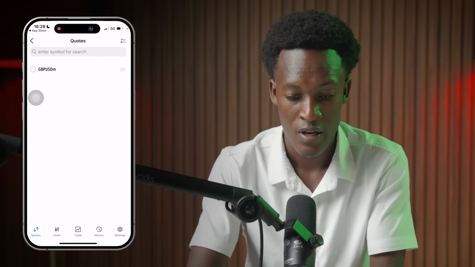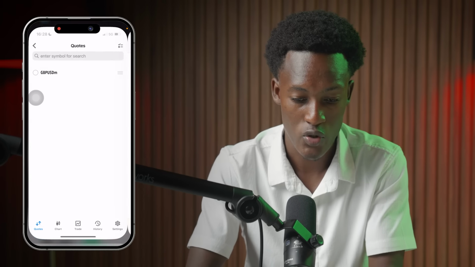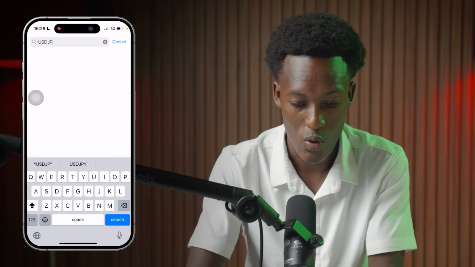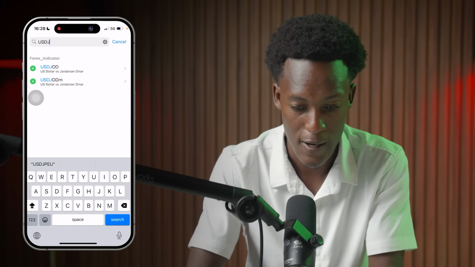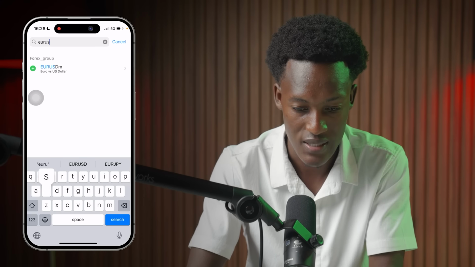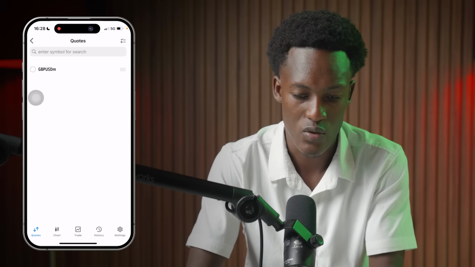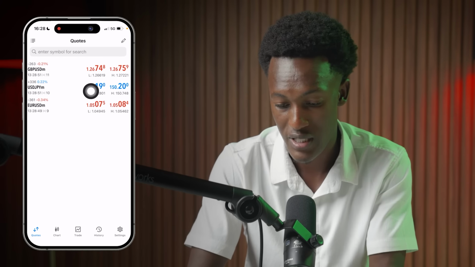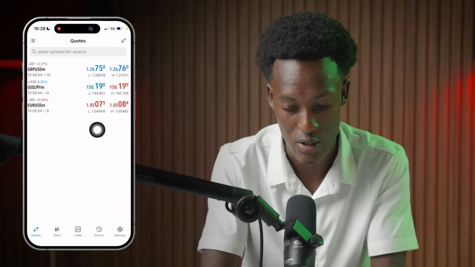I could also add other pairs such as USD/JPY, then I could also add Euro USD. Honestly, pretty easy. You can add as many pairs as you wish, but for now we have 3 pairs: GBP USD, USD/JPY, then Euro USD.